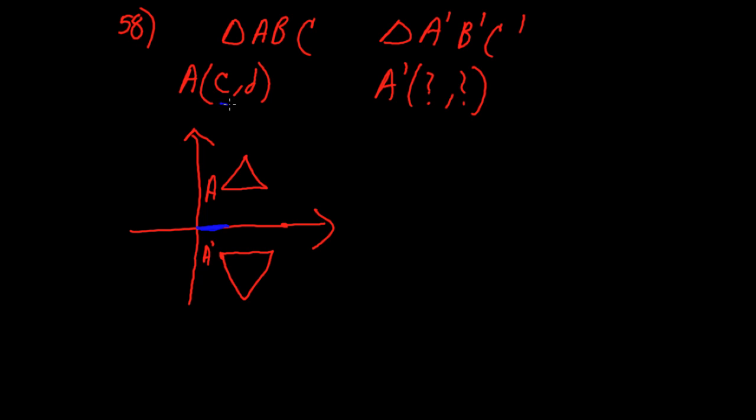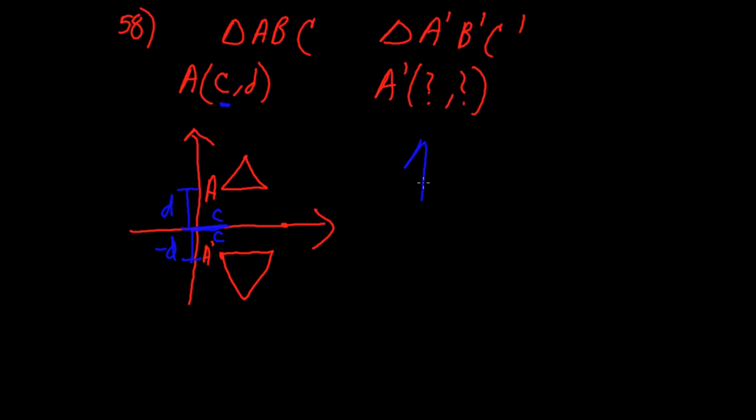So point C is the same, but before, point A was positive D units up, and now point A prime is negative D units down because it's flipped over, right?